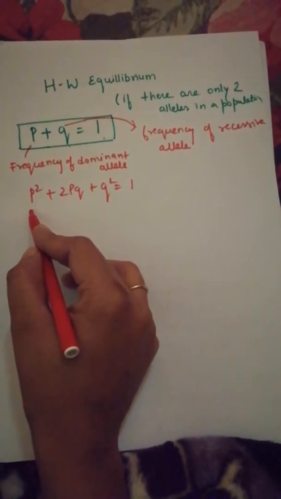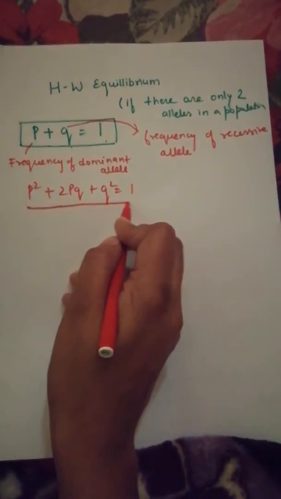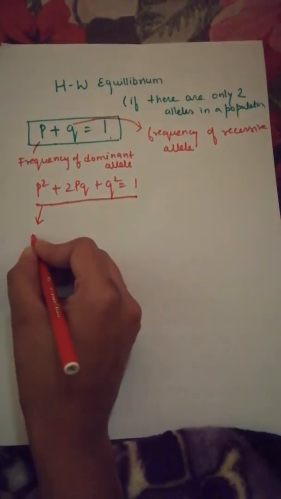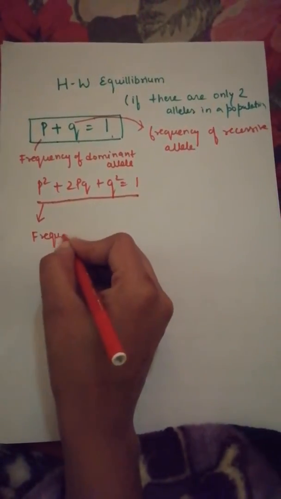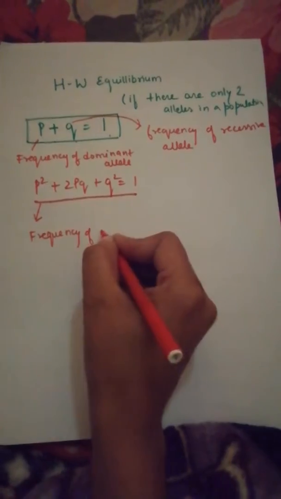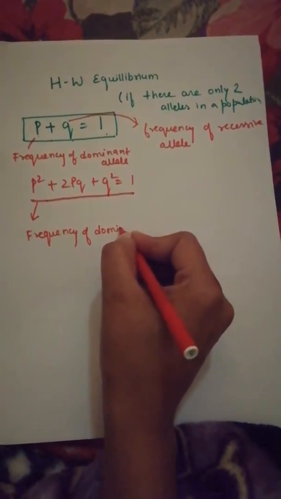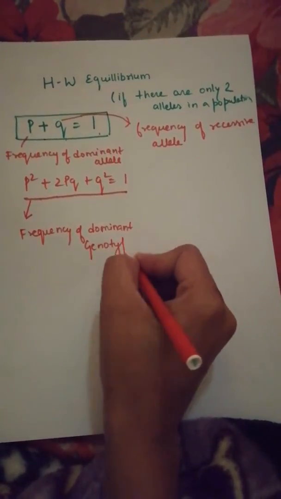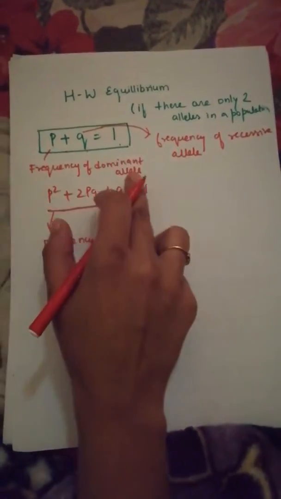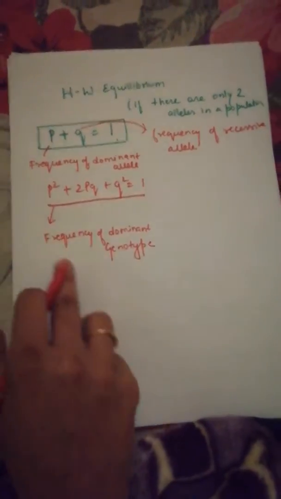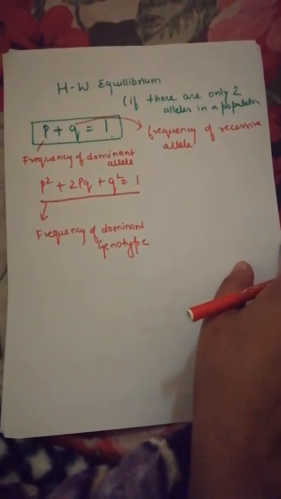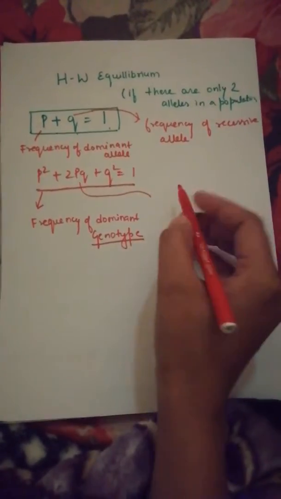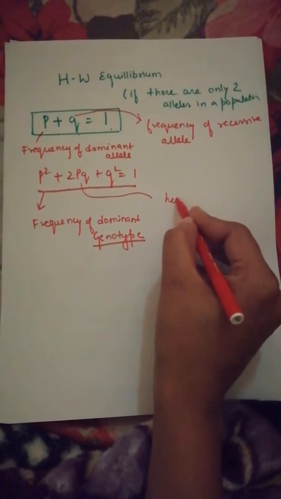And this is also p squared plus 2pq plus q squared is equal to 1. Here, p squared is the frequency of the dominant genotype. The p is the frequency of the dominant allele, and here p squared is the frequency of the dominant genotype, and 2pq is the frequency of heterozygotes.